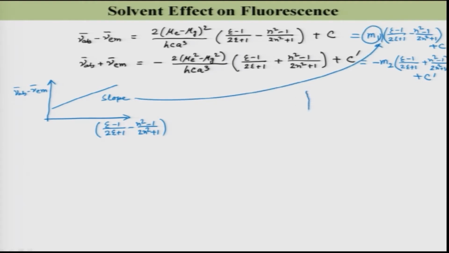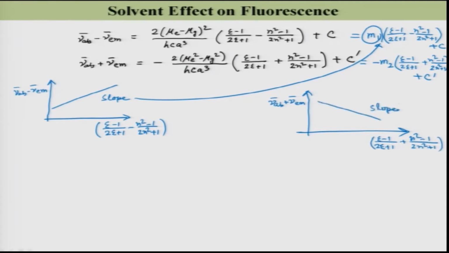And if I plot nu bar absorption plus nu bar emission, then you will get a line like this, and here the slope will be equal to m2.